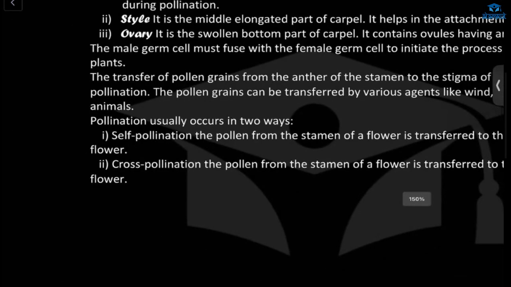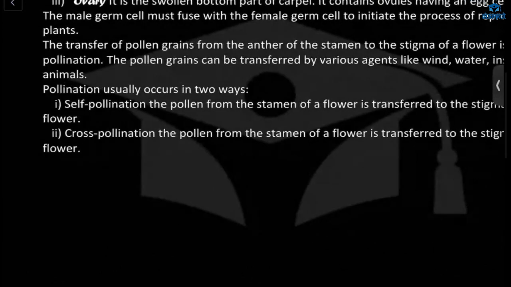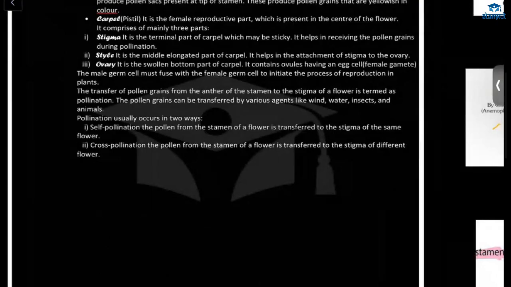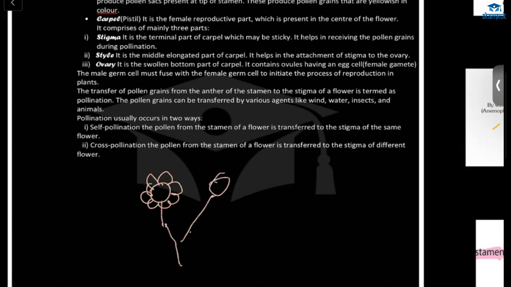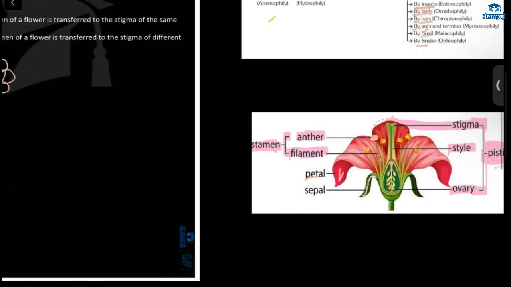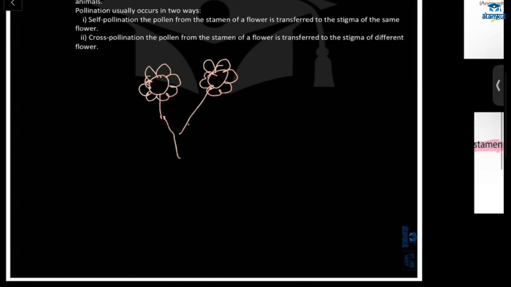There are two types of pollination. The first one is self-pollination. If the pollen from the anther of one flower is transferred to the stigma in the same flower, then it is called self-pollination.